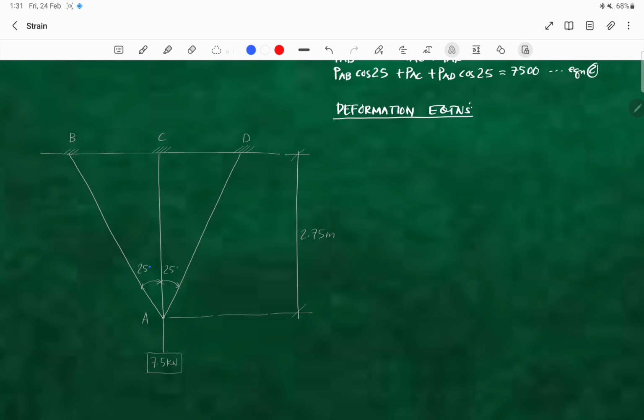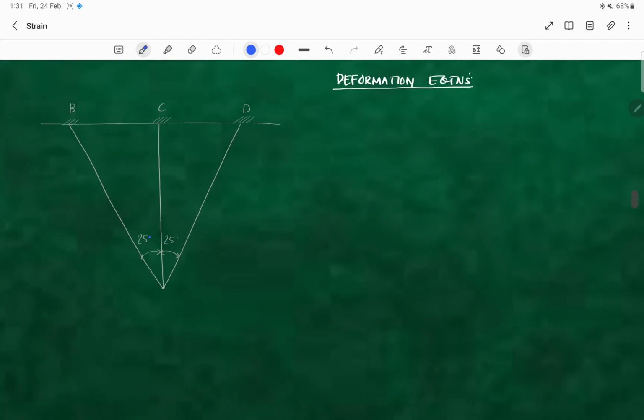Ayan, no? So, sa deformation equation is, tanggalin ko muna to. So, ayan, no? So, dito, makikita natin na since may naghihila tayo dito at point A, hinihila natin yan eh.